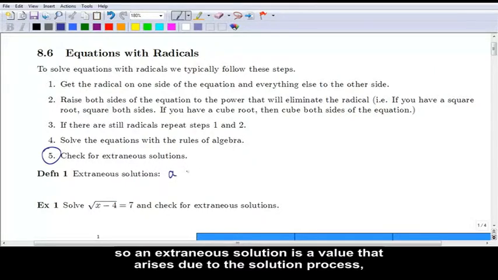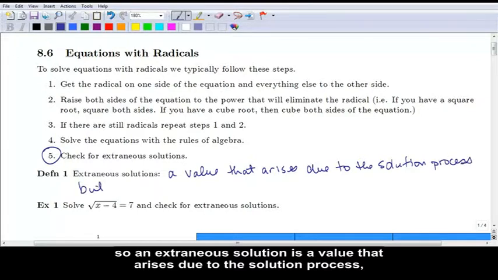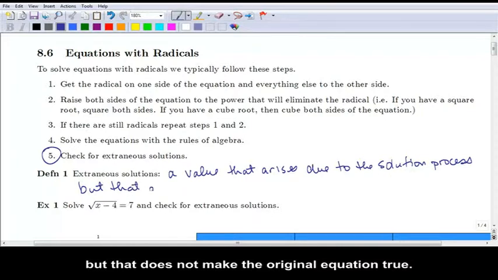solution is a value that arises due to the solution process but that does not make the original equation true.